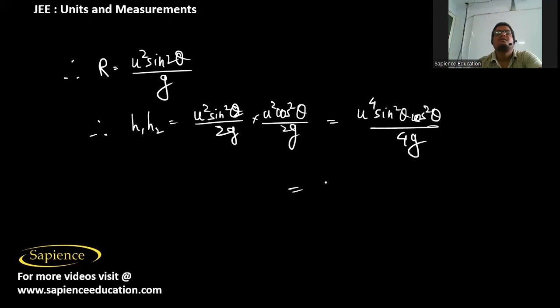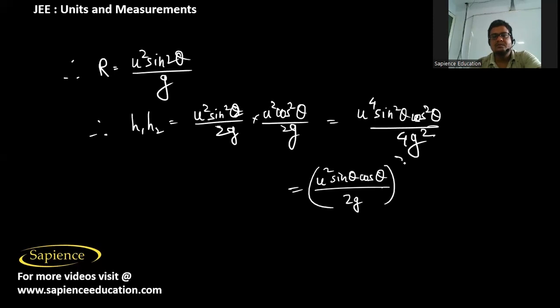This we can write as 2 u square sine theta cos theta by 2g whole square, or you can say u square sine 2 theta by 4g whole square.